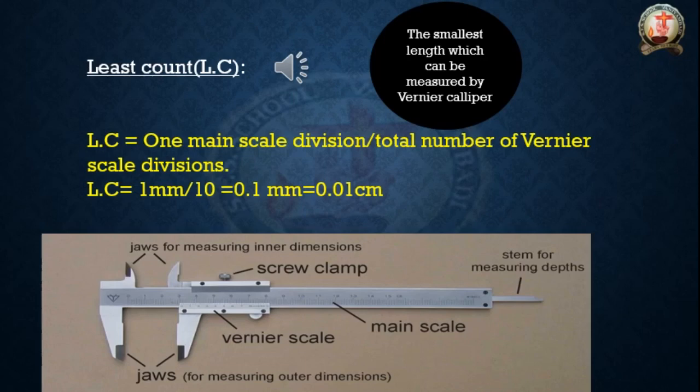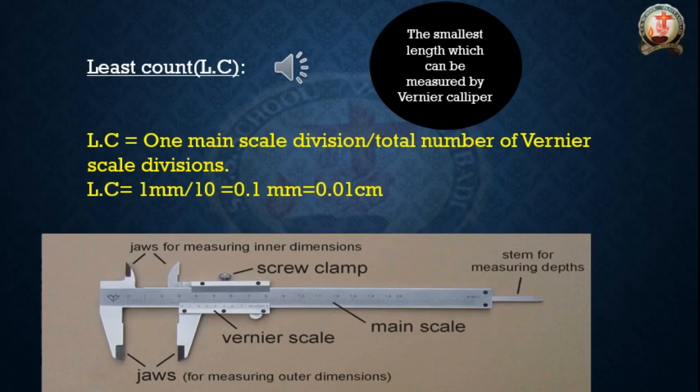Least count is nothing but the smallest length we are able to find by the use of vernier calipers. This least count is based on that vernier calipers. Different vernier calipers have different least count values.